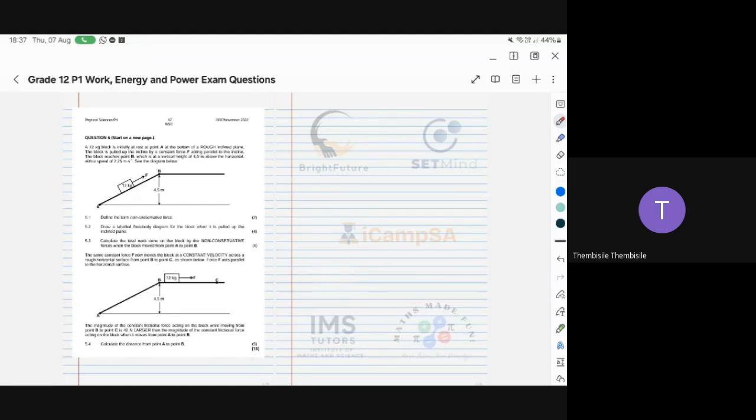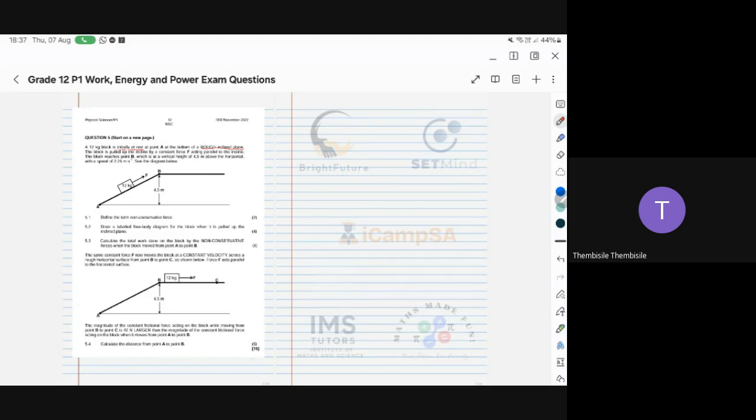We're looking at the 2022 November question paper, the work, energy, and power aspect of it. Here they are talking about a 12 kg block initially at rest. We should note down some of the keywords as we read our question. It's at rest at point A at the bottom of a rough inclined plane.